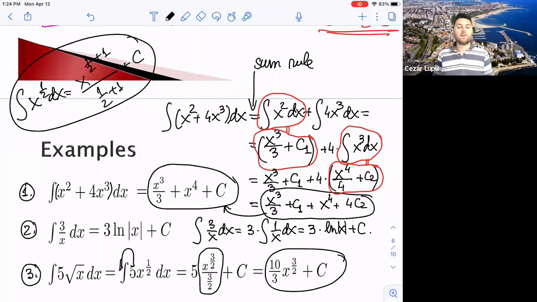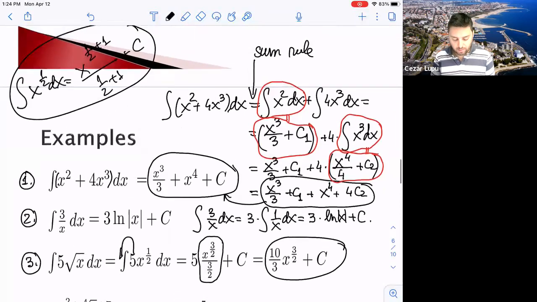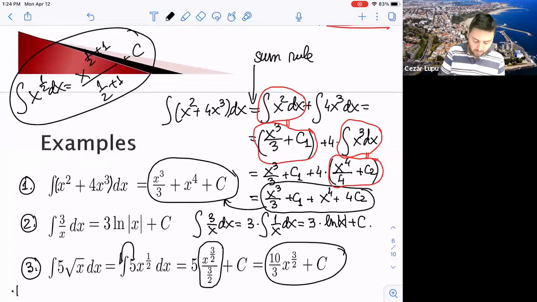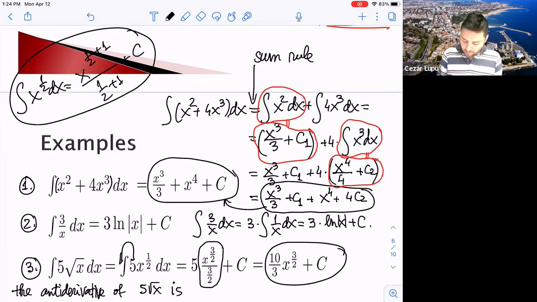So in other words, the antiderivative of 5 square root of x is given by this function here.